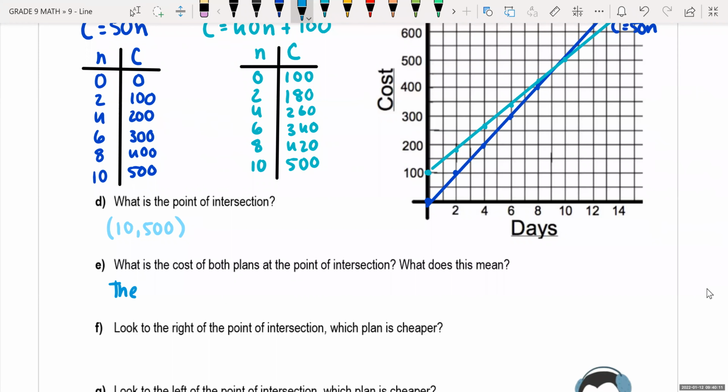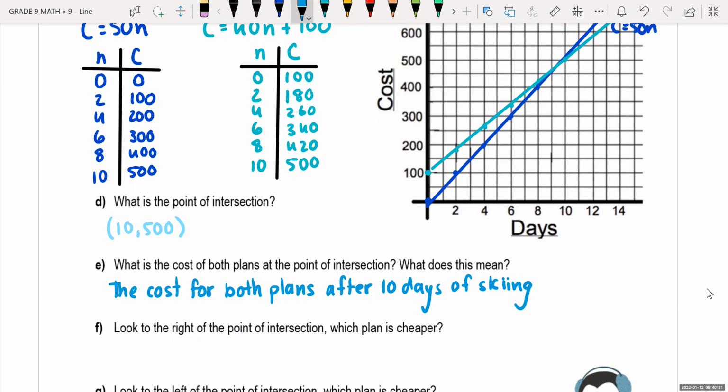So we're going to say the cost for both plans after 10 days of skiing is $500. And hopefully that makes sense to you.